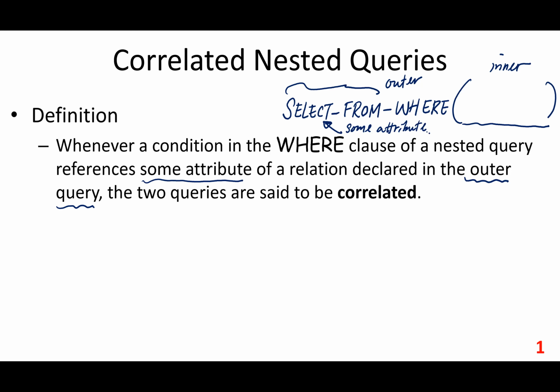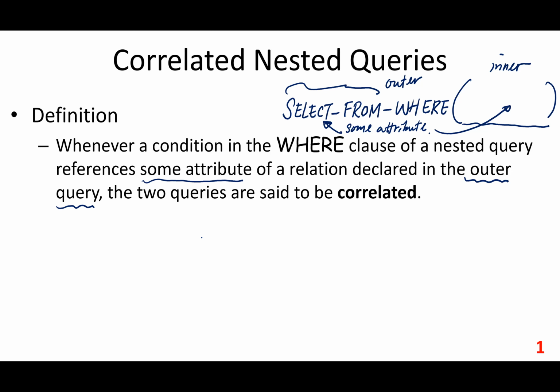It is referenced in the inner query, declared in the outer query. So that's the outer part, referenced in the inner query, and the two queries are said to be correlated.